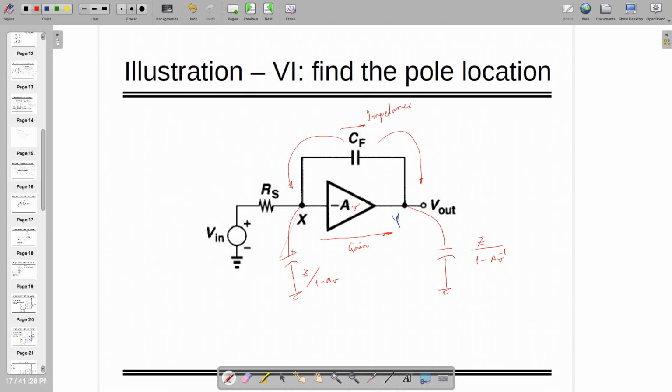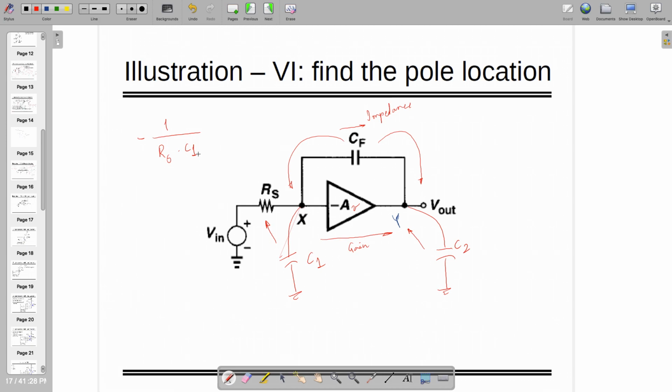So in that case, you need to find out the resistance for this case and you need to find out the resistance for this case. So let's call this one C1 and this one C2, where inherently the AV gain will be taken into account. So because of C1, you can have the first pole location that's equal to minus 1 by Rs times C1.